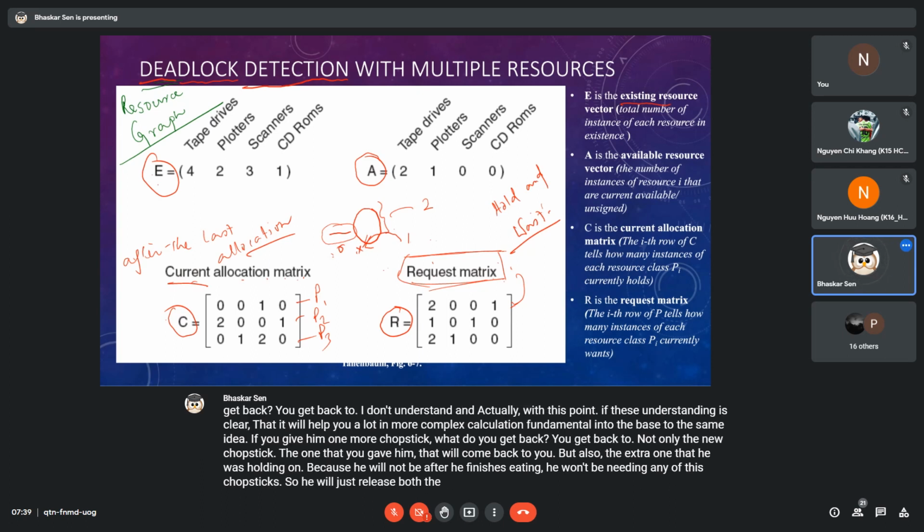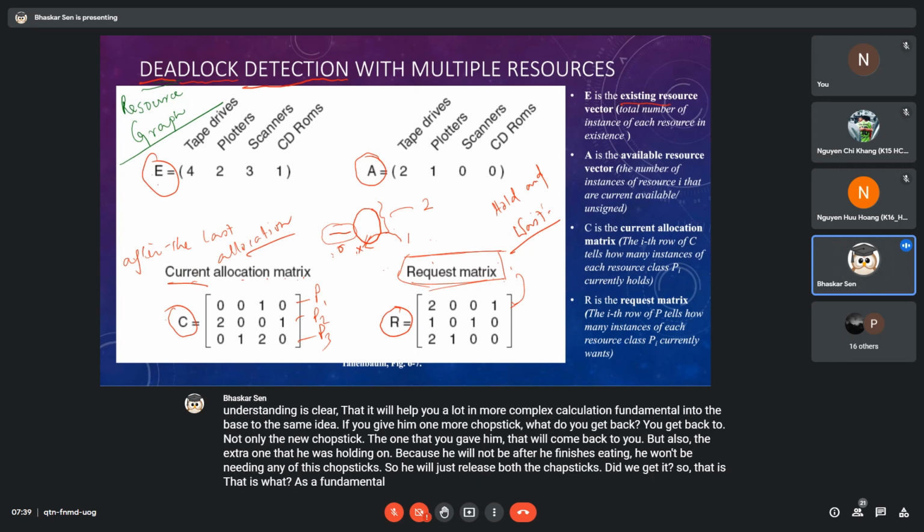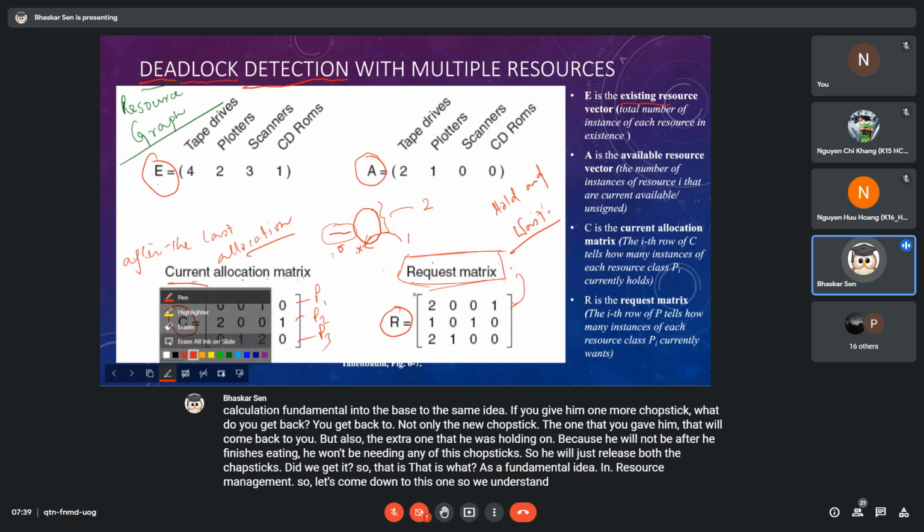Did we get it? That is the fundamental idea in resource management. So let's come down to this one so we understand what this is all about.